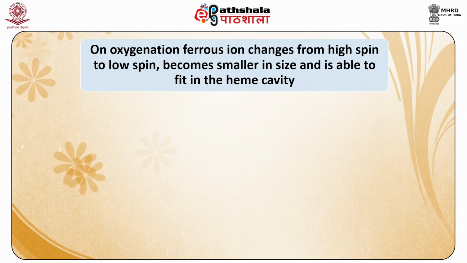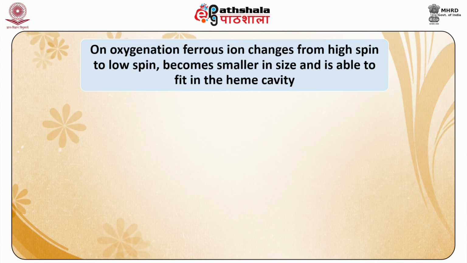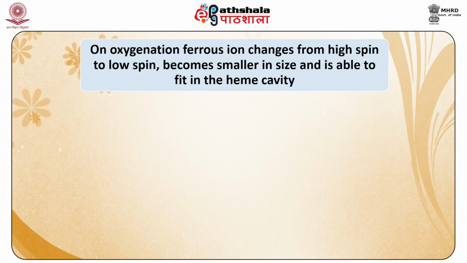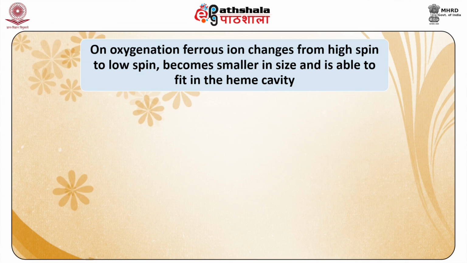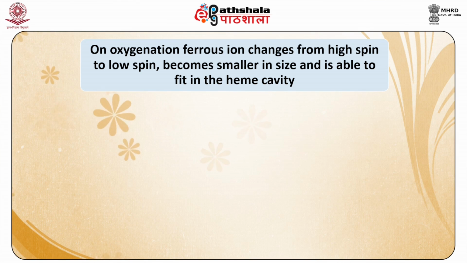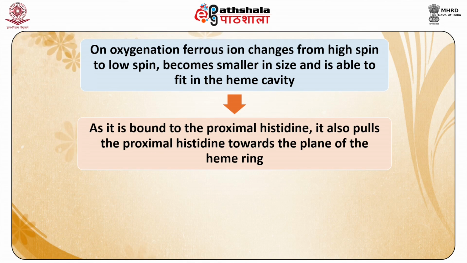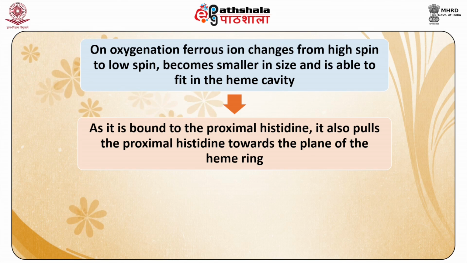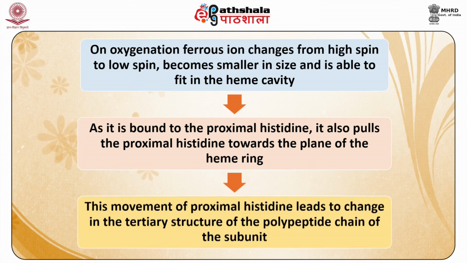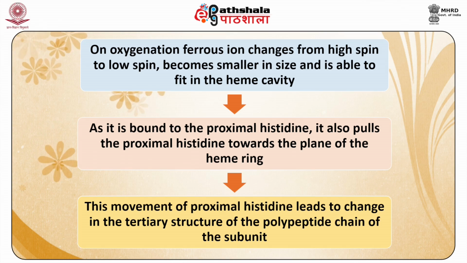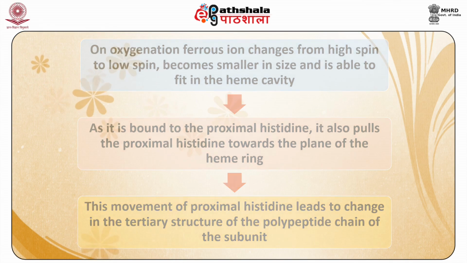On oxygenation, ferrous ion changes from high spin to low spin, becomes smaller in size and is able to fit in the heme cavity. As it is bound to the proximal histidine, it also pulls the proximal histidine towards the plane of the heme ring. This movement of proximal histidine leads to a change in the tertiary structure of the polypeptide chain of the subunit.